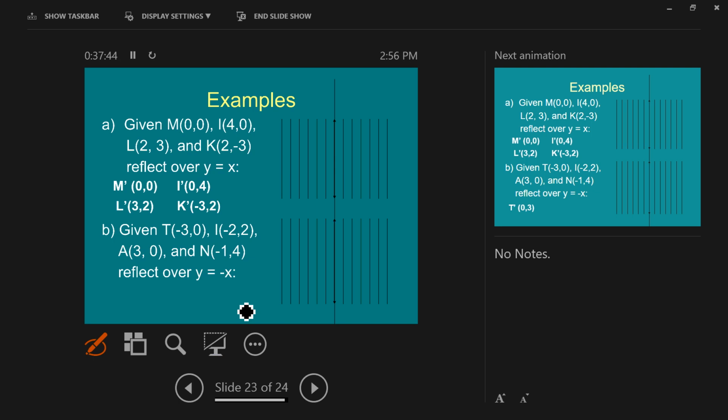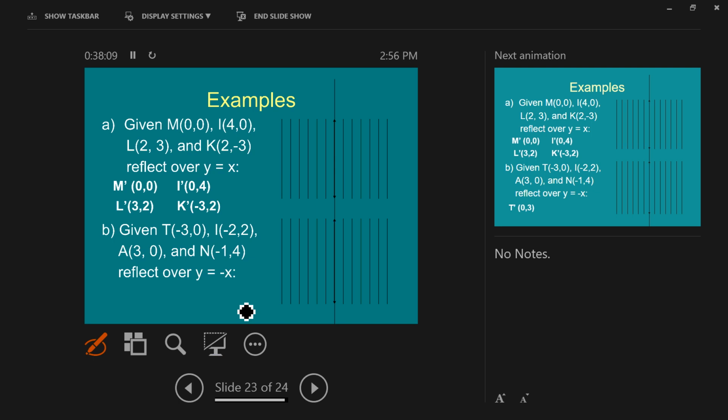Okay? All right, and then last one, this one says to reflect it about the line y equals -x. So same line, but it slants the other direction. So again, it's still going to switch them, but it's also going to switch their signs, since this is negative. Okay? So I switched their places and their signs.